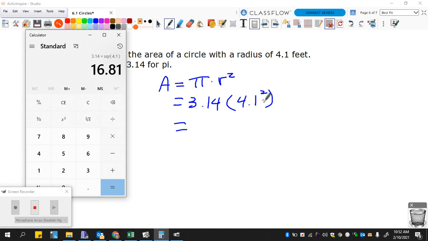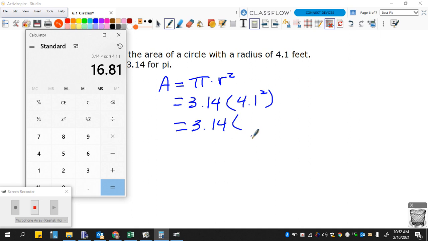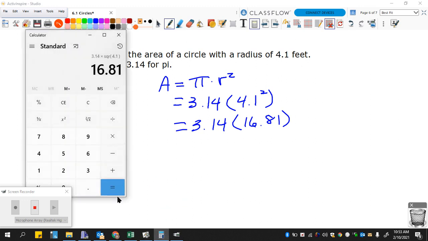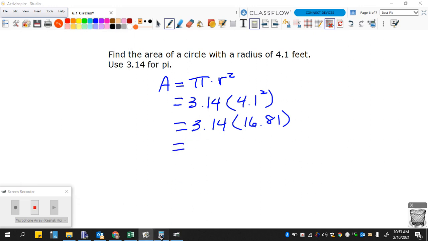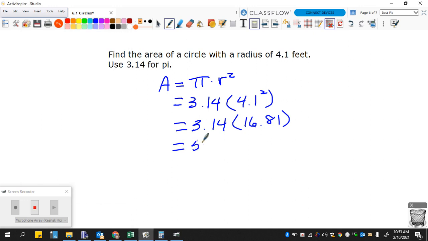4.1 squared is 16.81. So we have 3.14 times 16.81. When we multiply those, we end up with 52.7834 feet.